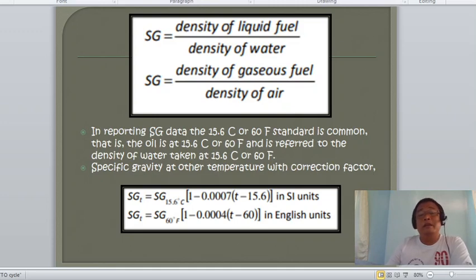That is the formula for determining the specific gravity of fuel at different temperatures. We can take note of this formula because we will use it for actual calculations in other presentations.